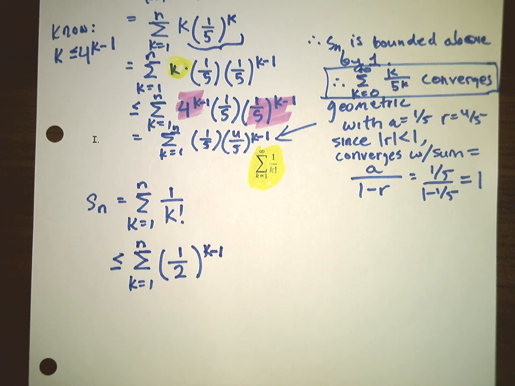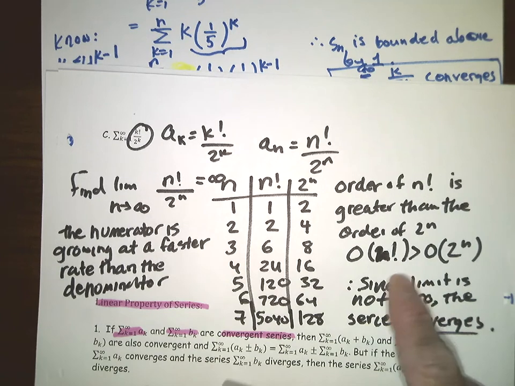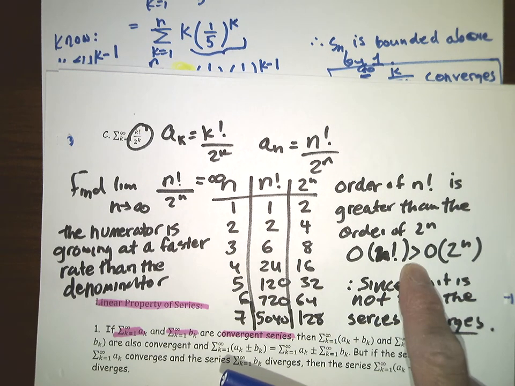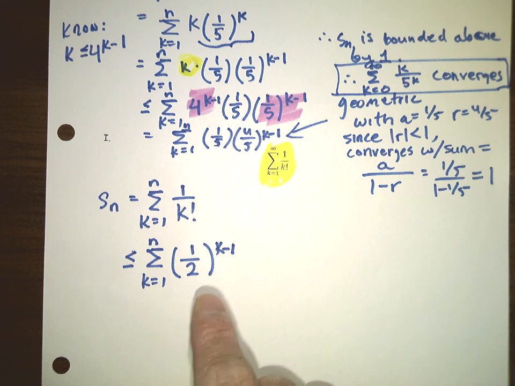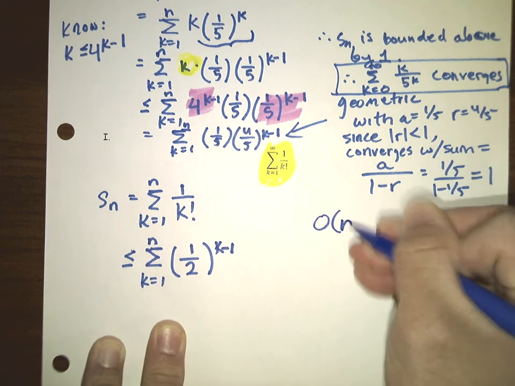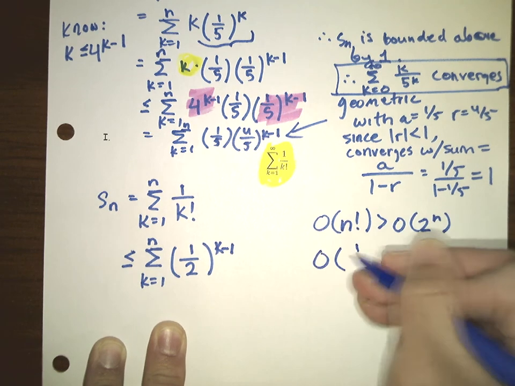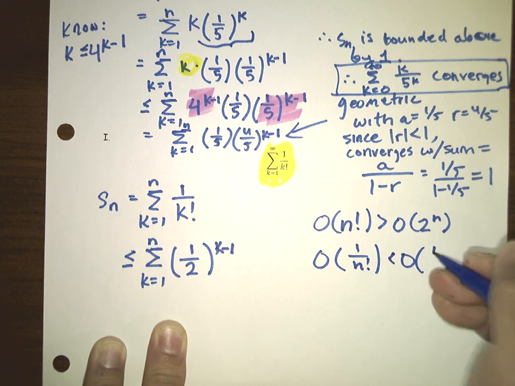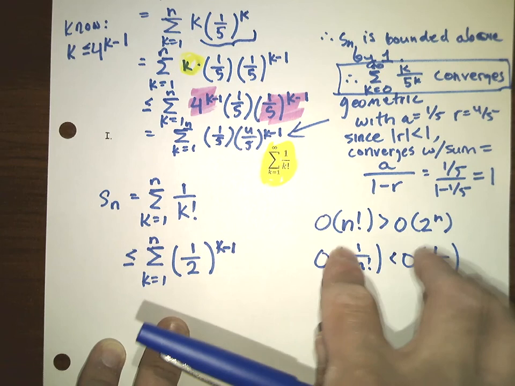Now, if you think about this, this makes sense because if you remember the example that we did earlier, where I said that the order of n factorial was bigger than the order of 2^n. So since the order of n factorial is greater than the order of 2^n, that means that if I take the reciprocal, in a similar fashion, this is how I'm getting that.